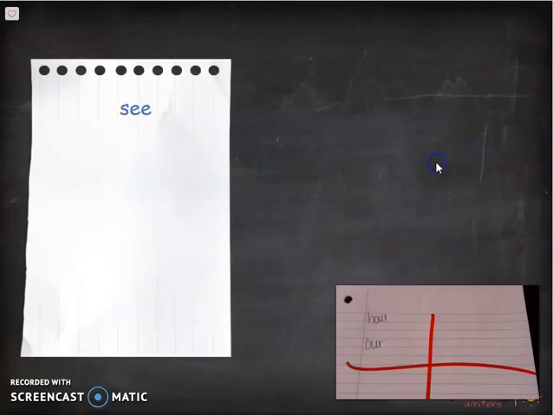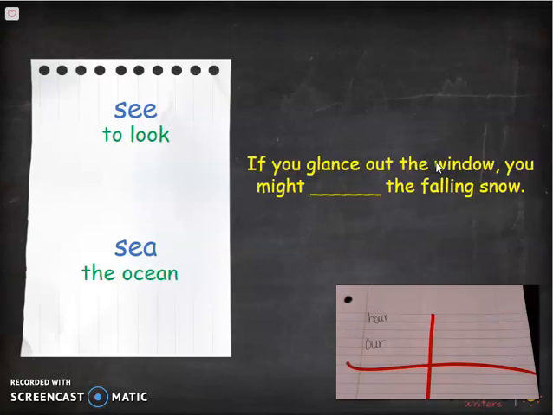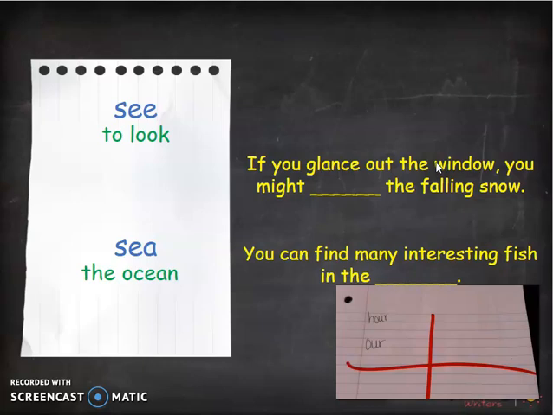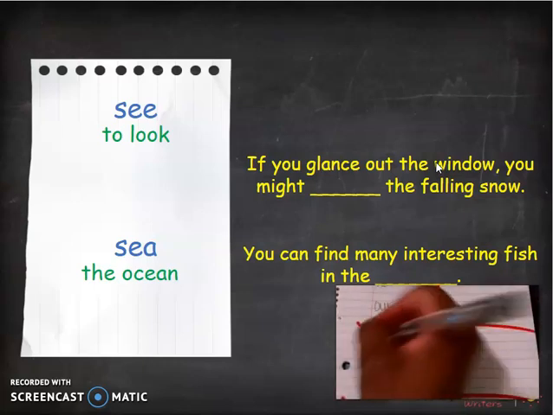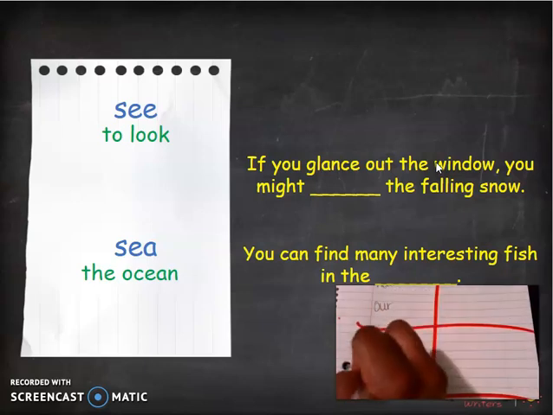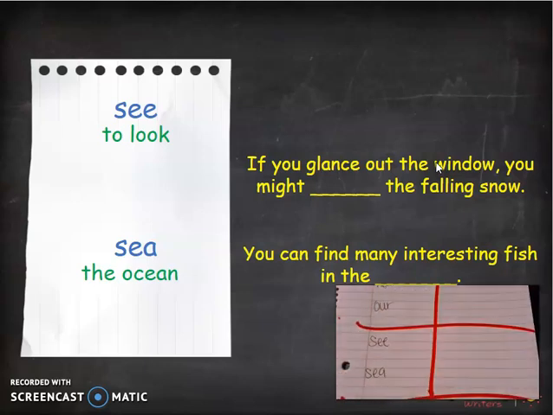I hope so. Last one, C and C. See like to look, sea as in the ocean, but they sound exactly the same.